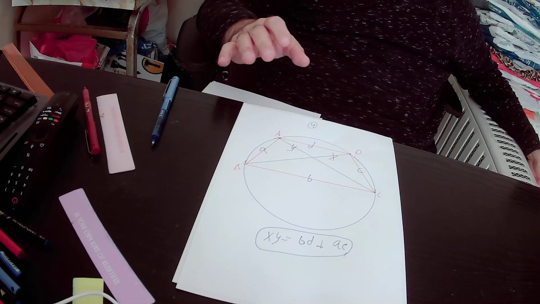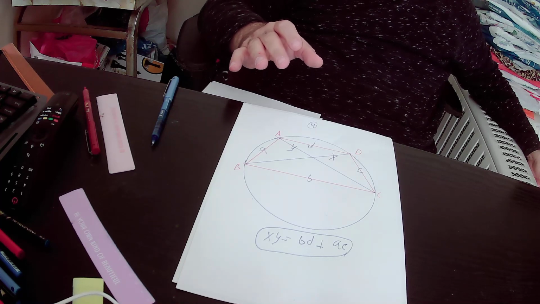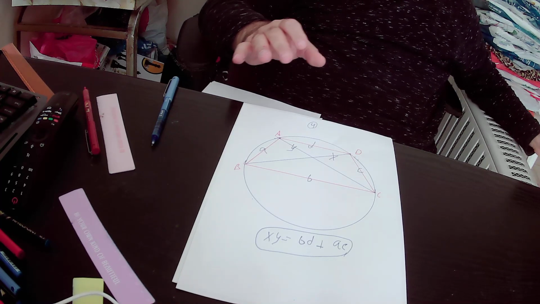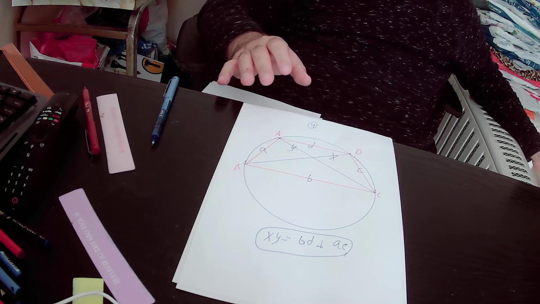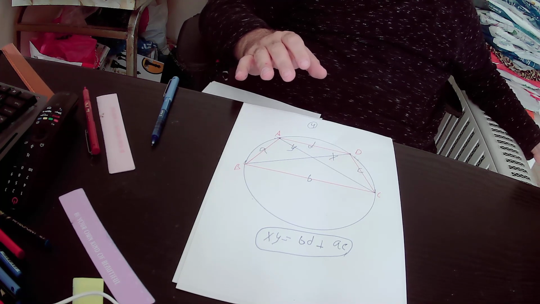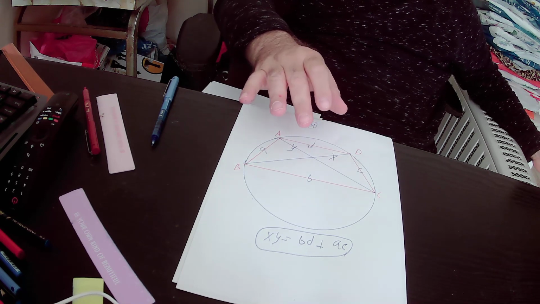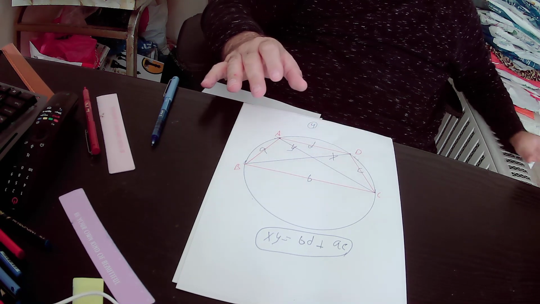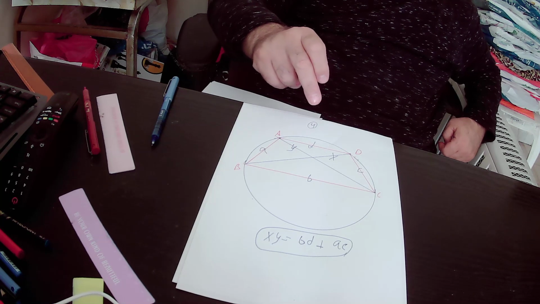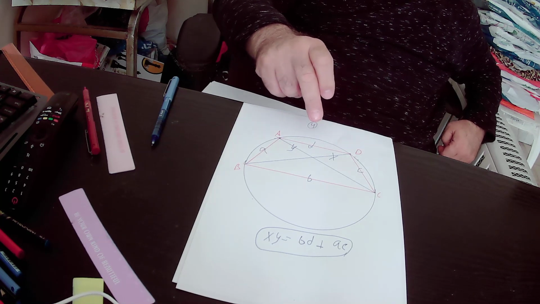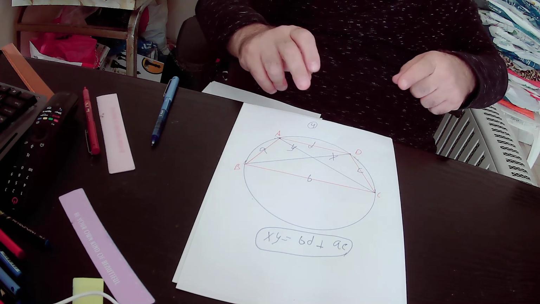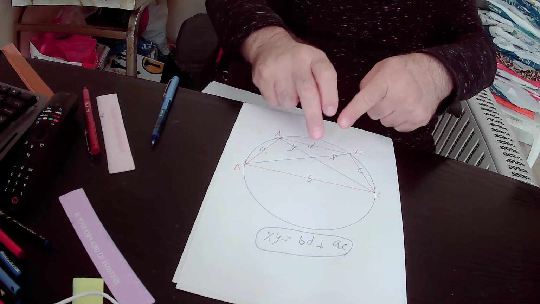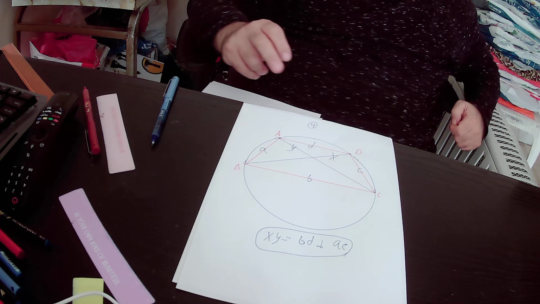Because actually this quadrilateral ABCD could be any quadrilateral. Okay? So if you have a quadrilateral ABCD like this, that could be any quadrilateral, then the product of its diagonals, x times y, will be equal to the sum of the products of its opposite sides, BD plus AC.